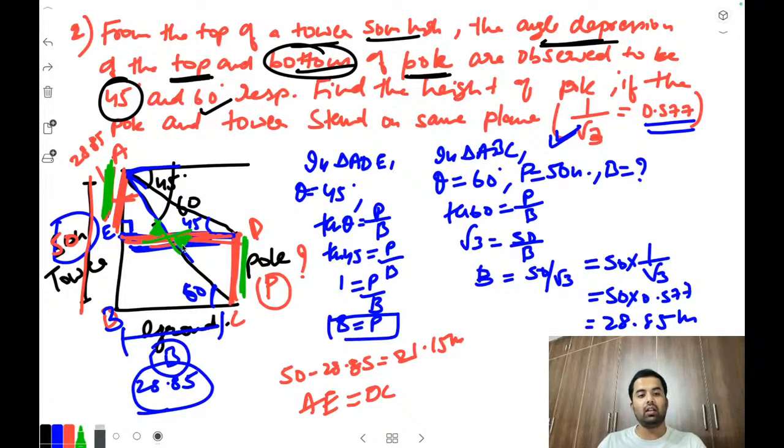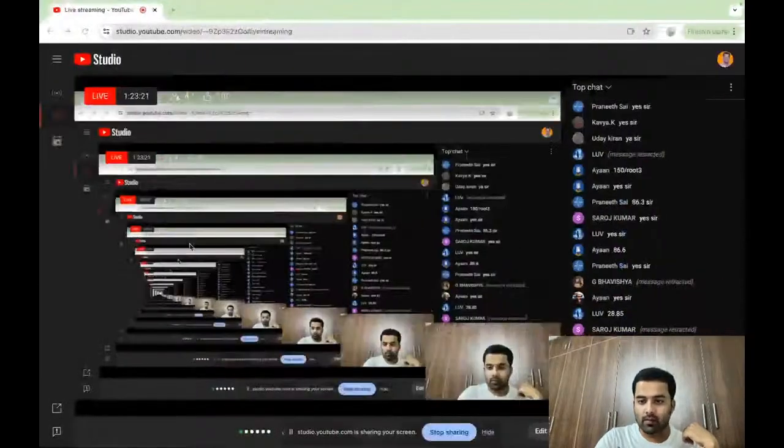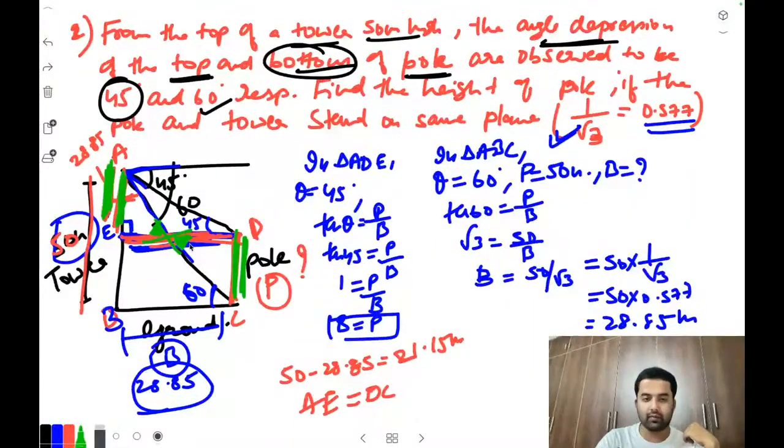If two angles are equal, opposite sides will be equal, which means AE becomes equal to what? This one, DC. 28.85.